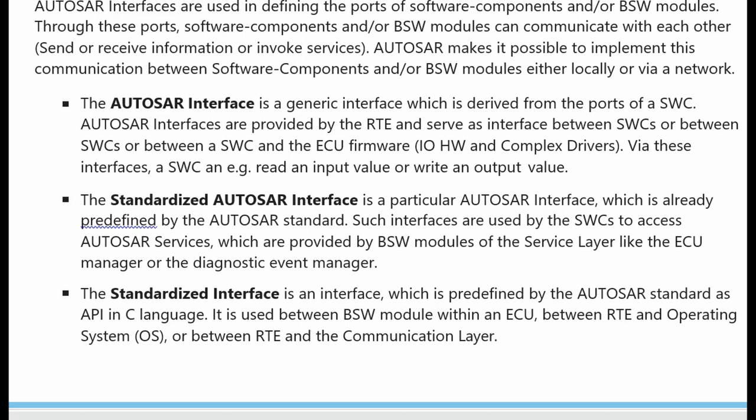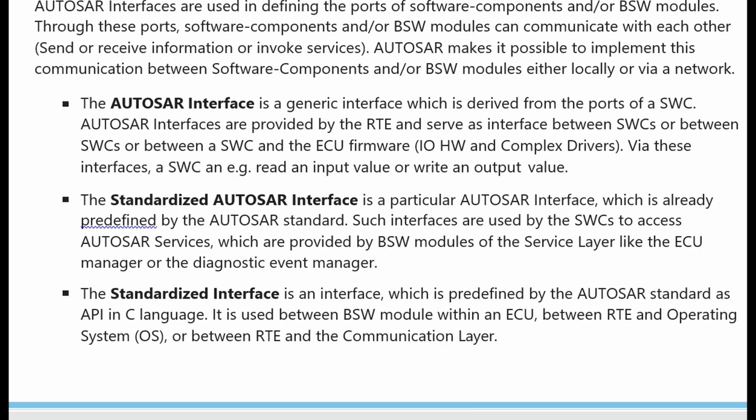Here they mention BSW modules of the service layer, like ECU manager. What are the service layers? They are communication services, memory services, system services, and diagnostic services. Communication services have all the protocol software modules. Already I mentioned that a module is nothing but a source file and header file.